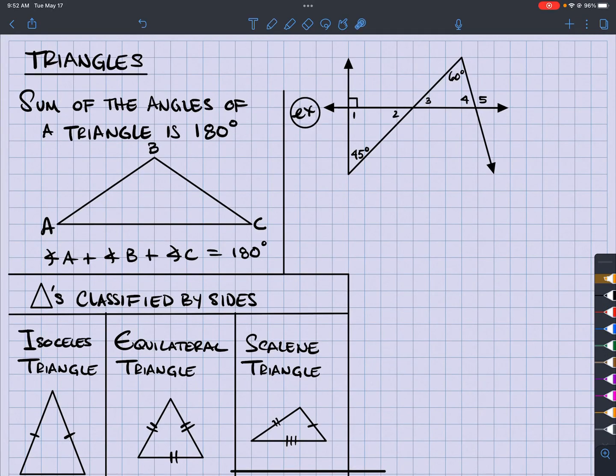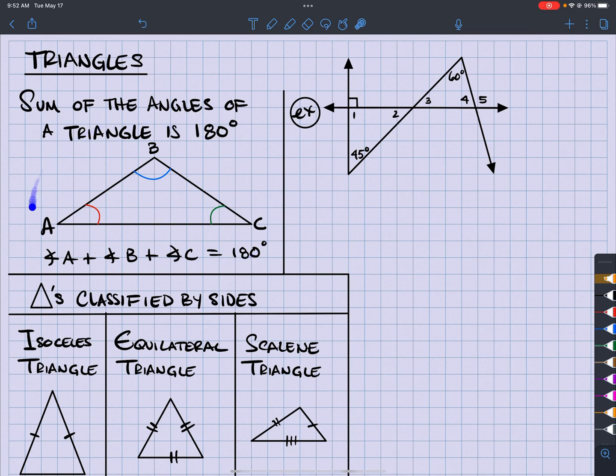Let's talk about triangles here. So number one, we know that the sum of the angles of a triangle is 180 degrees, meaning if I add angle A with angle B, and add it to angle C, those three angles would add up to 180 degrees, okay?